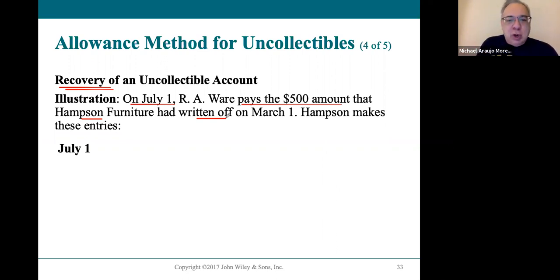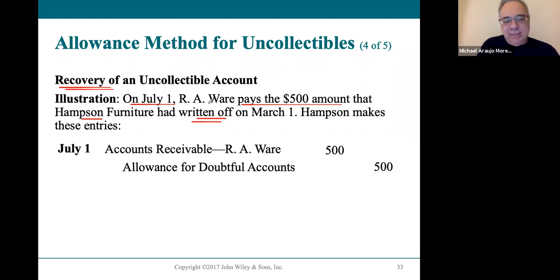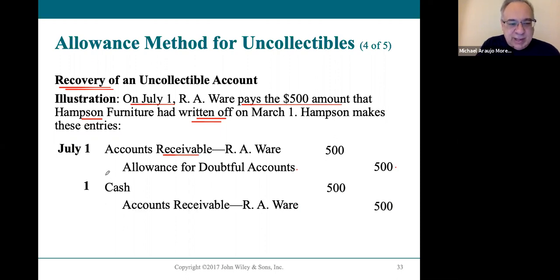All right. So what you do is say, "Okay, thank you. We will gladly take your $500." He doesn't have to know he was written off. So what you have to do is reestablish his account, put him back in the receivable, and put that $500 back in the allowance for some other deadbeat that comes along, right? And then, of course, do what you were supposed to do in the first place.